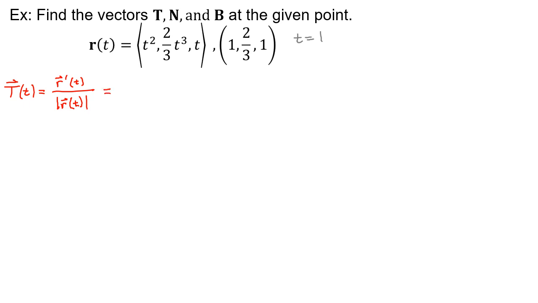And so my derivative would be 2t, 2t squared, and 1. And then I would want to find the magnitude of that vector on the bottom. So I would have a 2t squared, a 2t squared, and a 1 squared.